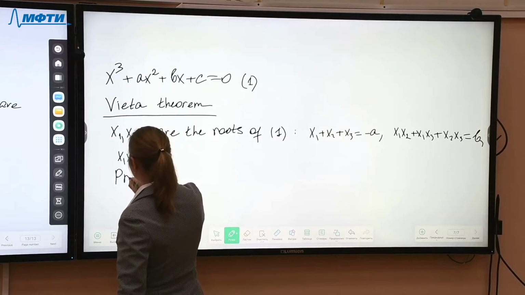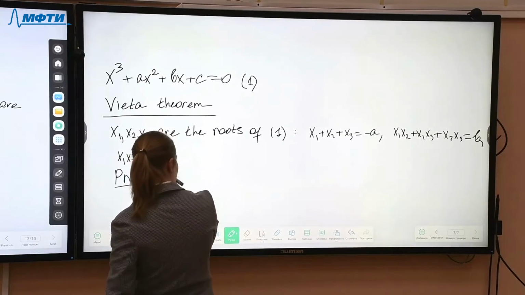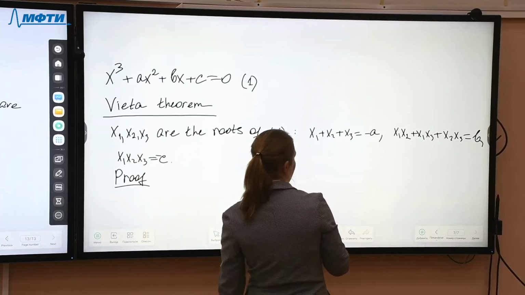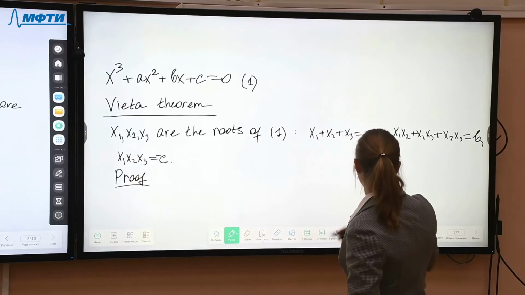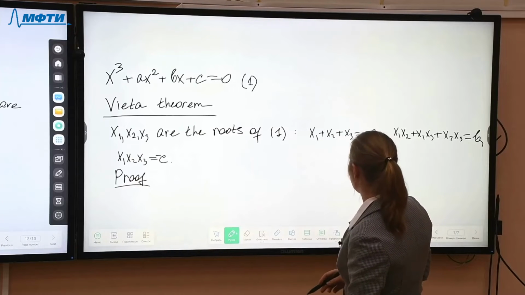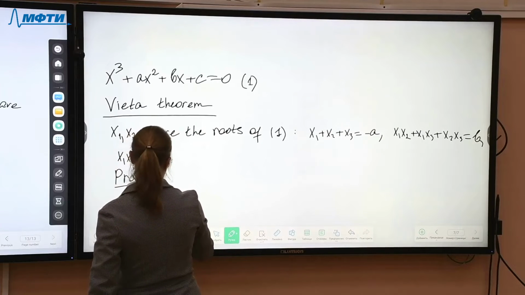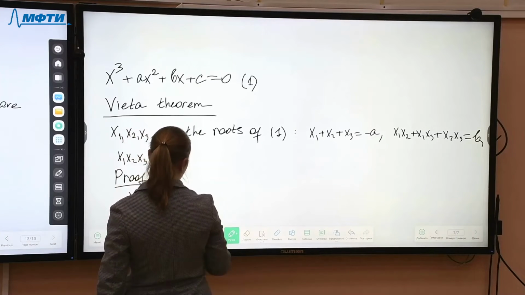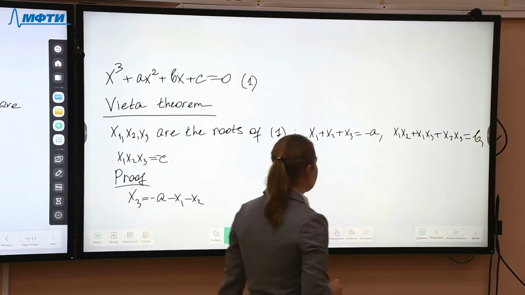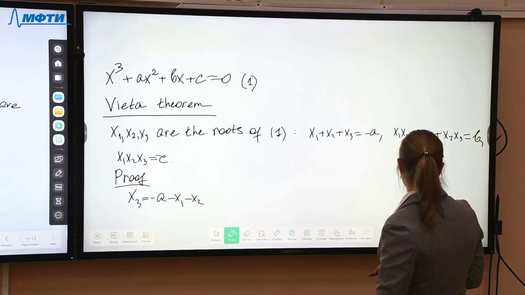Okay, so let's prove it. Let's find x3 from the first equation. x3 is minus a minus x1 minus x2. Then let's multiply the first equation by x3.